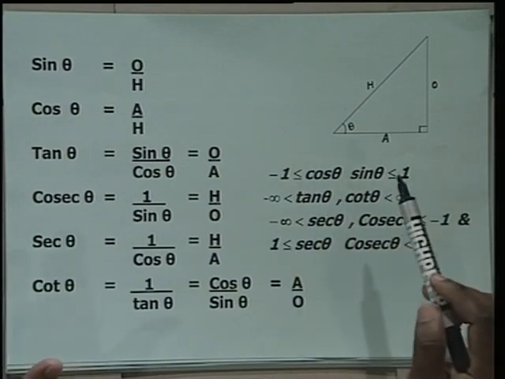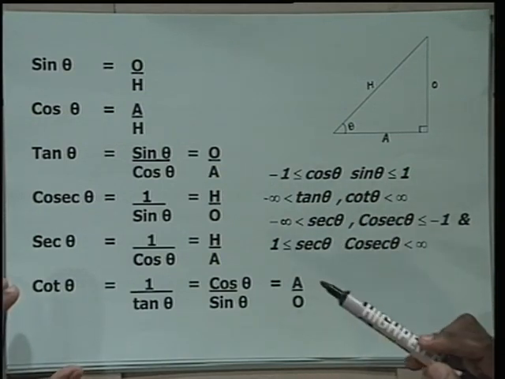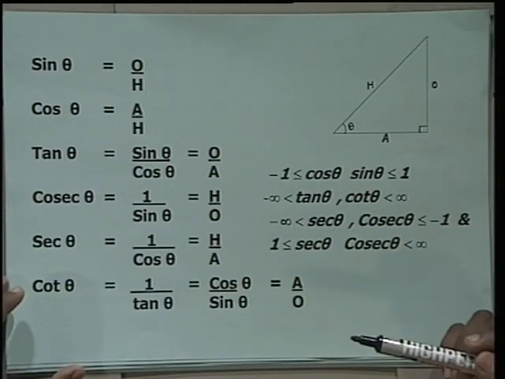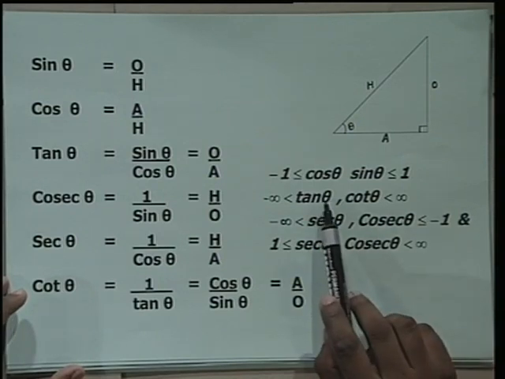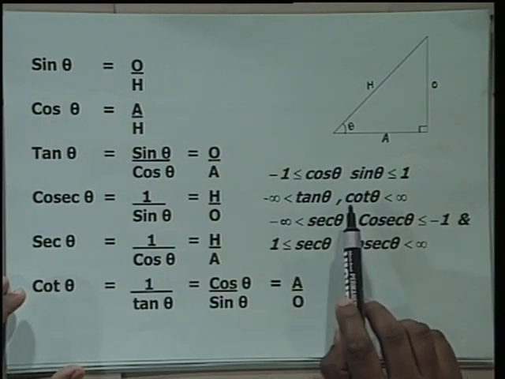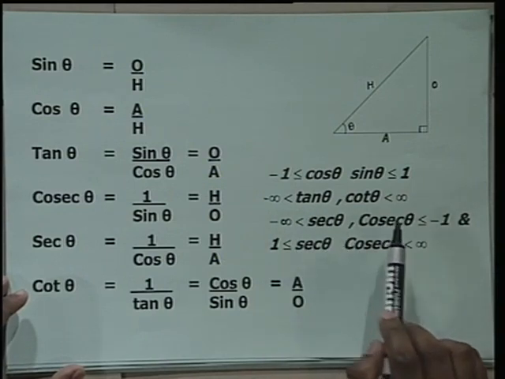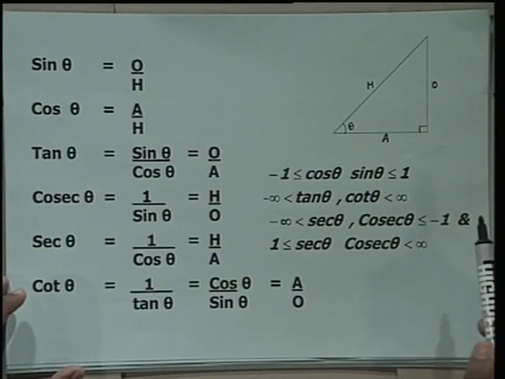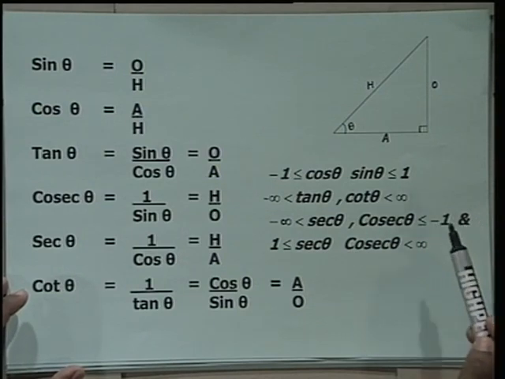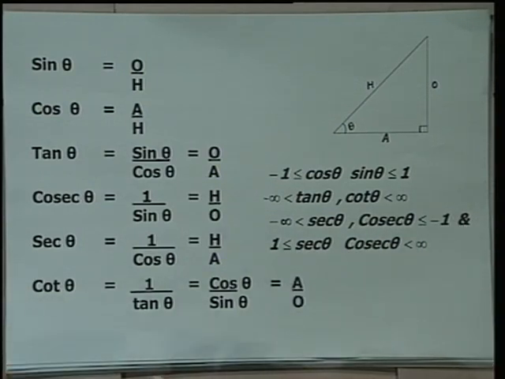You cannot have cos of an angle, for example, greater than 1, or, for example, equal to 2. However, tan theta and cot theta can take any value. Sec theta and cosec theta also can take any value except in the range -1 to 1.